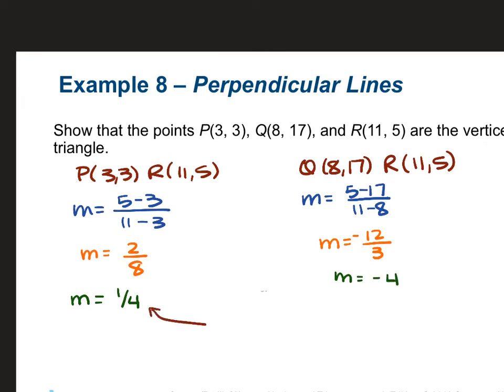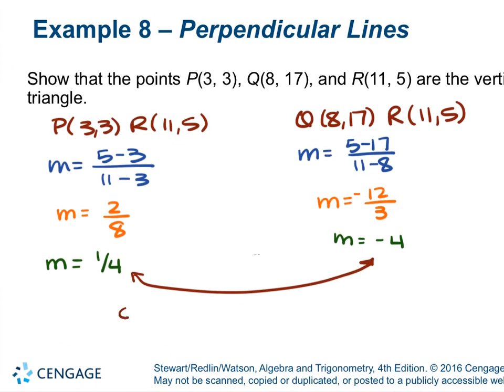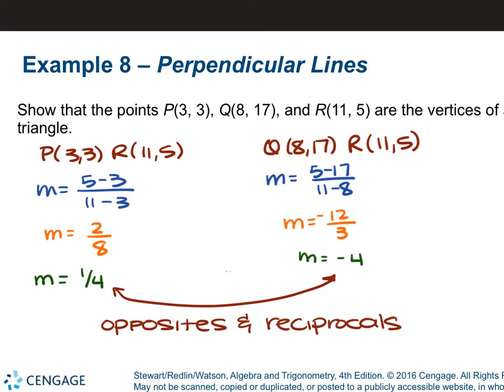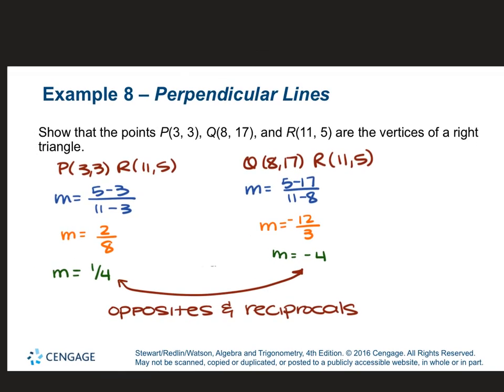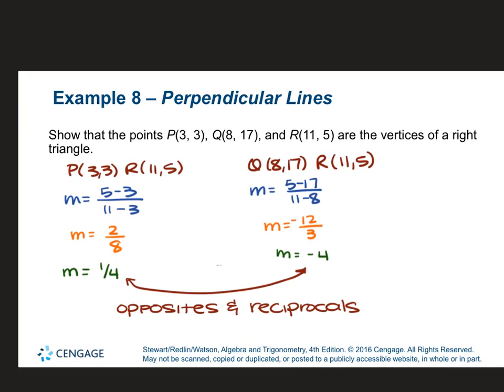Because these 2 slopes are opposites and reciprocals, these 2 lines form a perpendicular relationship, so these vertices do form a right triangle.